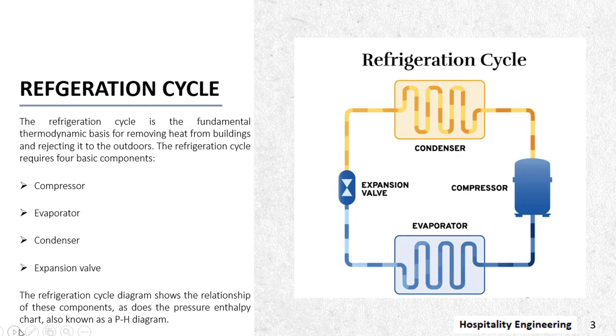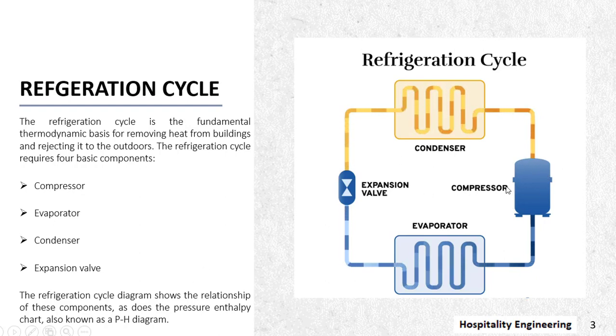Refrigeration cycle. The refrigeration cycle is the fundamental thermodynamic basis for removing heat from a hotel guest room or any building area and rejecting it to the outdoors. The refrigeration cycle requires four basic components.